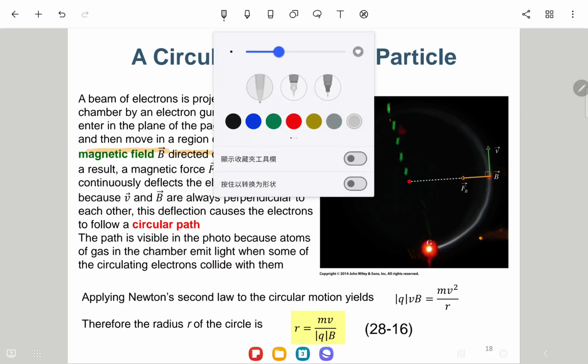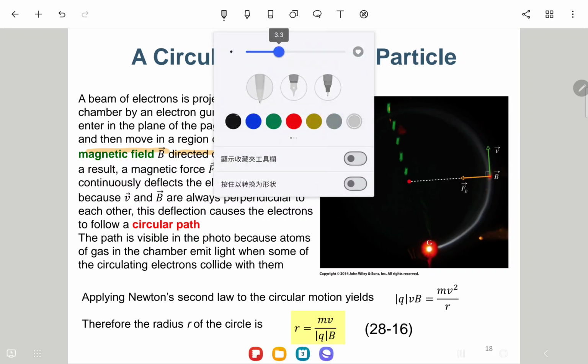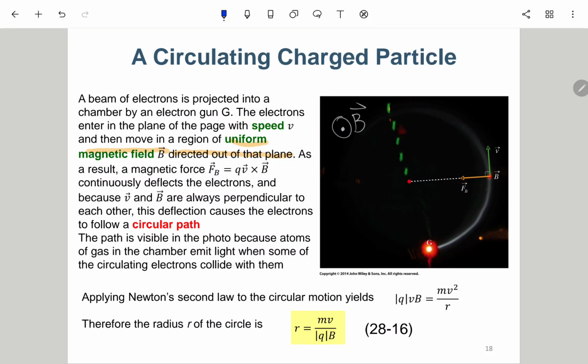Let me use this color. The B field is pointing out of the plane. So here there is not a crossed field anymore. We only have the uniform B field pointing out of the page.